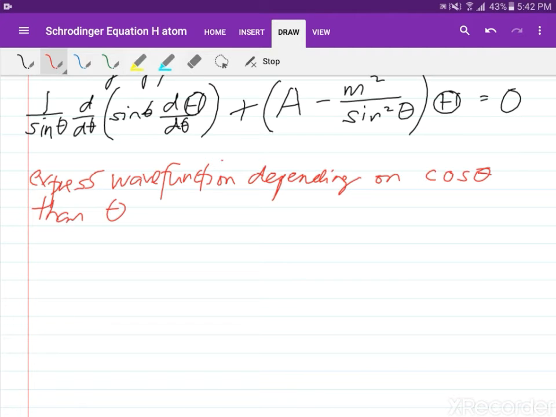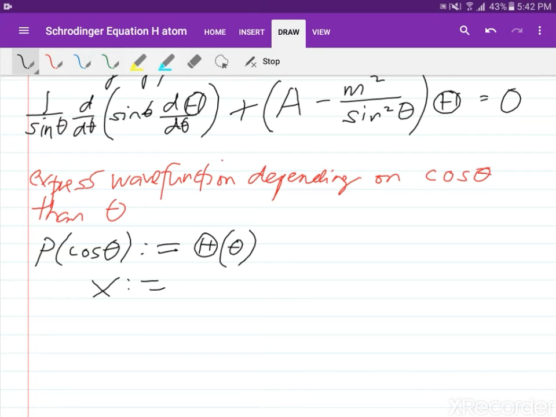So what we mean by that is we will substitute this capital theta of theta by P of cosine theta, and x will be cosine theta.